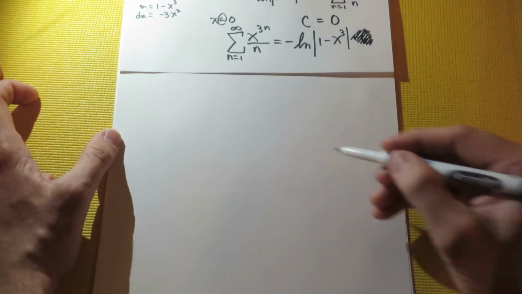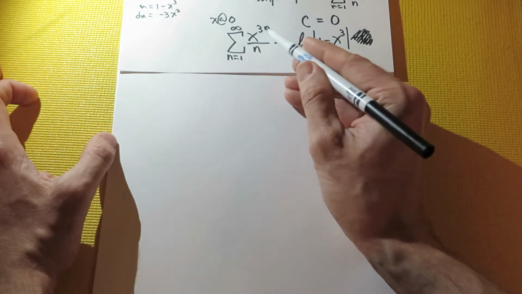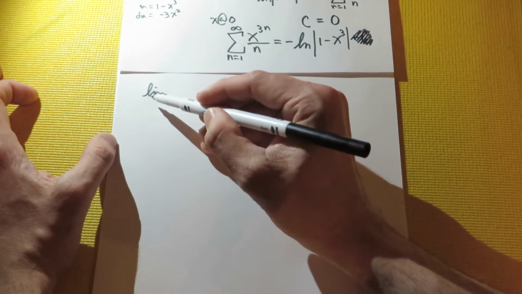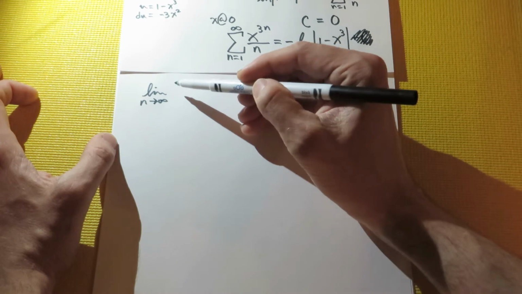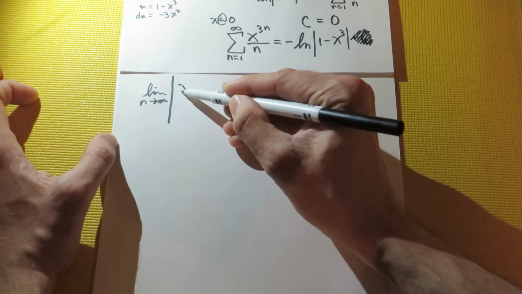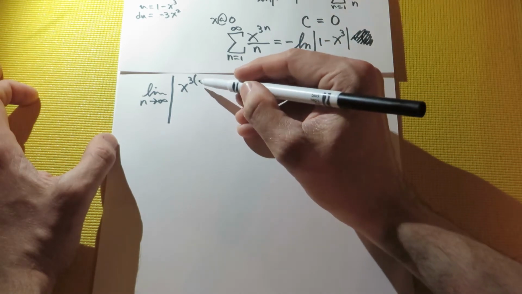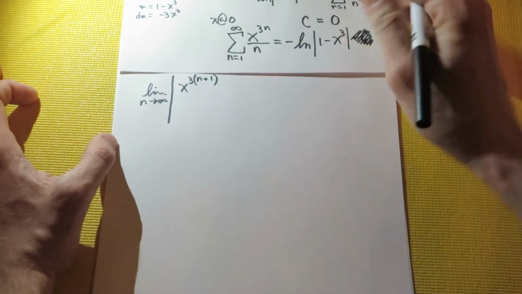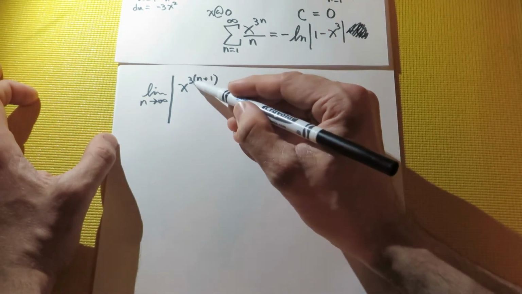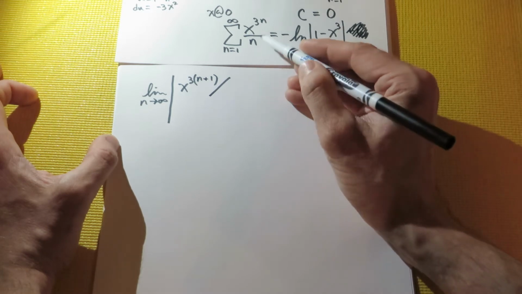So if we do our ratio test here on our series, or our b sub n part of our series rather, that gives us that the limit as n approaches infinity of the absolute value of x to the 3 times n plus 1. Now be careful, it's not as simple as just adding a plus 1 up here, because we're multiplying 3 times our n plus 1, over n plus 1.